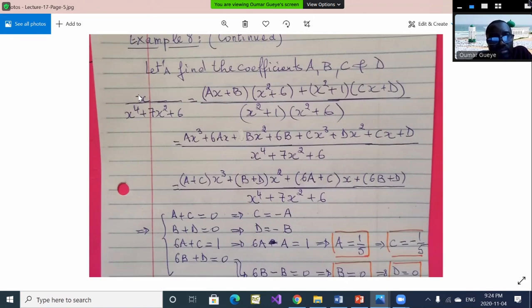That's why a plus c should be equal to 0, b plus d equal to 0, 6a plus c should be equal to 1 because the coefficient of x from the left is 1. And the constant 6b plus d should be equal to 0 because there is no constant in the numerator on the left.